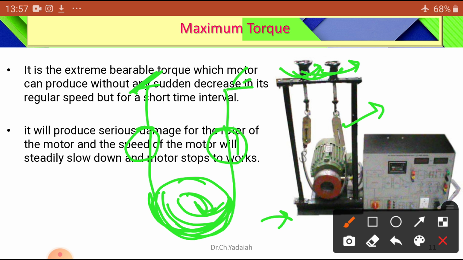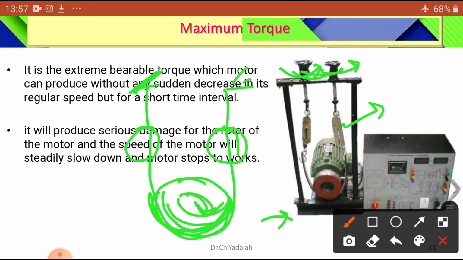So it is an extreme bearable torque which the motor can produce without any sudden decrease in its regular speed. So it will produce the maximum torque only for a short period of time. If the load is continuous, then the motor will automatically come to a standstill position.